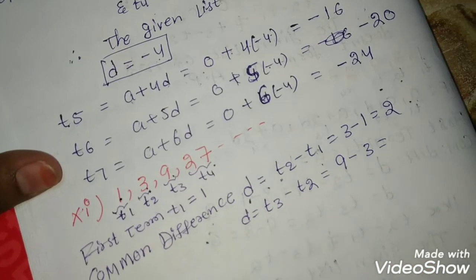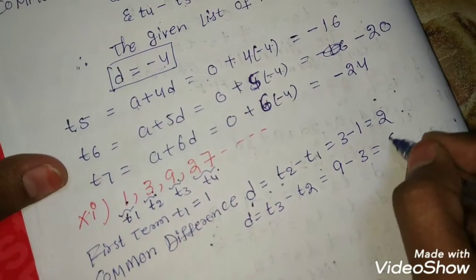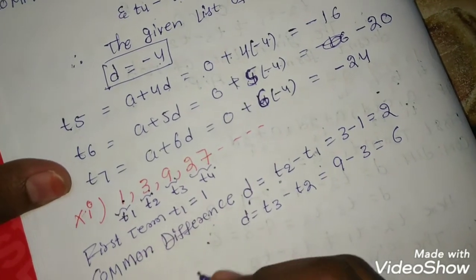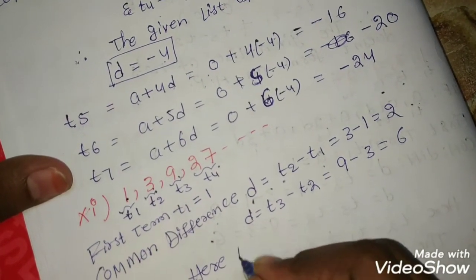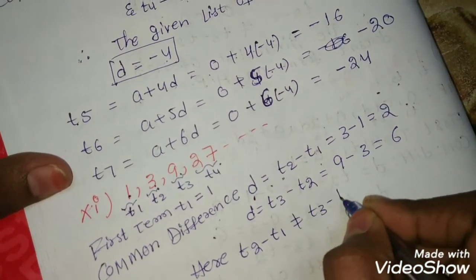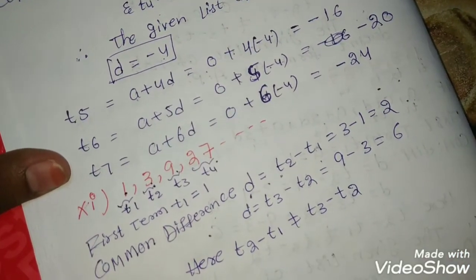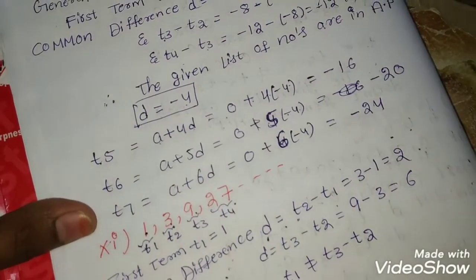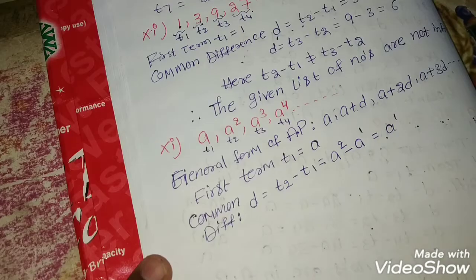So 9 minus 3 is 6. Are both equal? No. Here T2 minus T1 is not equal to T3 minus T2. Therefore, you have to write like this. The given list of numbers are not in arithmetic progression.